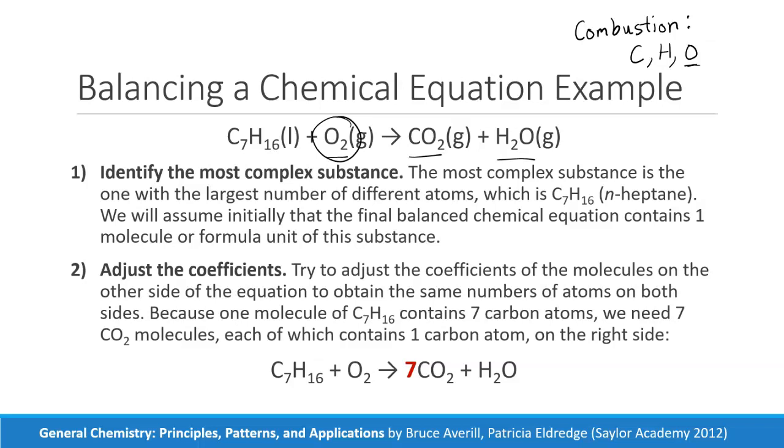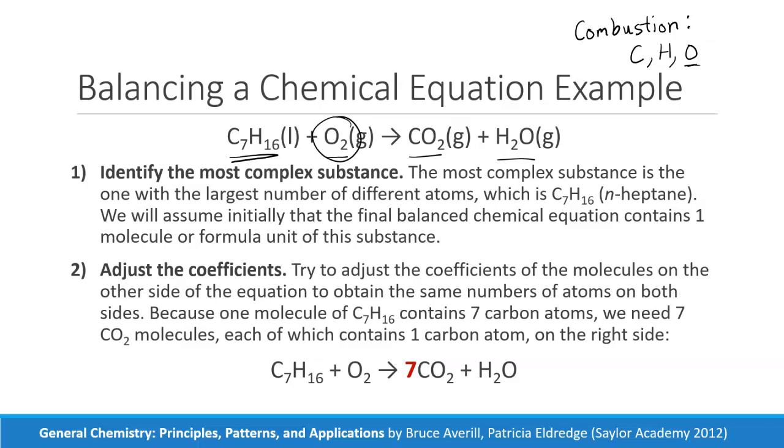And so we're going to focus on the carbons and the hydrogens. And for those, it doesn't matter as much which one that you put first. But using the tips that we found, the monster is going to be the compound that has the largest number of atoms. And in this case, that's going to be your C7H16 because it has the most carbons and hydrogens and different types of atoms.